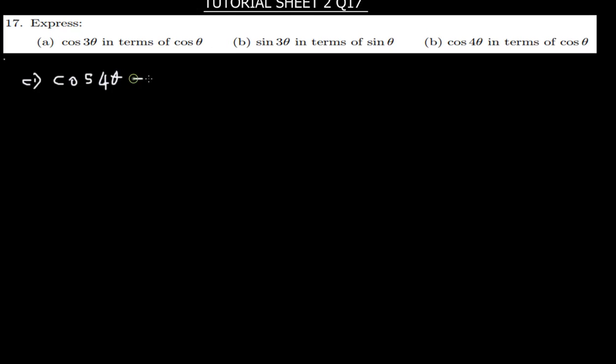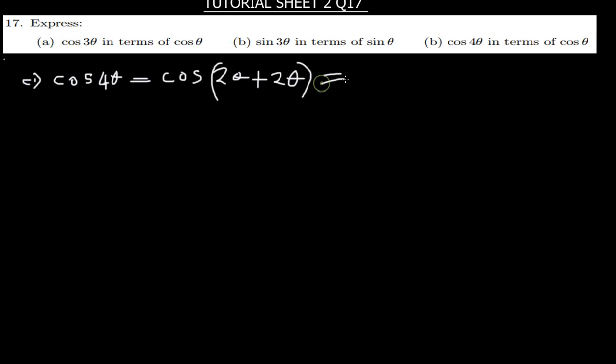So cos 4 theta can also be written as cos 2 theta plus 2 theta, and then try to simplify it.